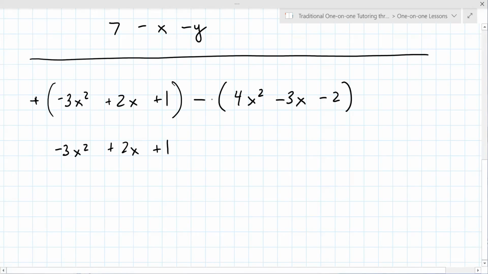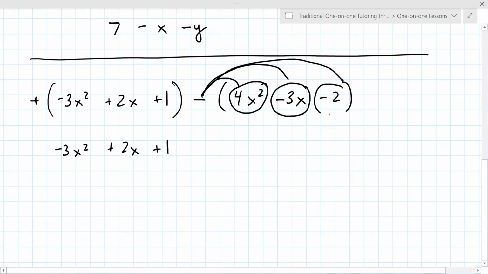Now here, this is where students get into bad habits, and I want to make sure that this doesn't happen with you. This negative applies to 1, 2, 3 terms. So this is a term, this second circle is a term, and this third circle is a term. The term is 4x squared.